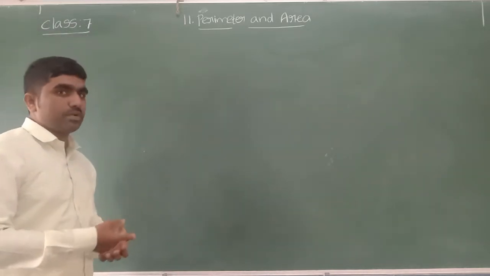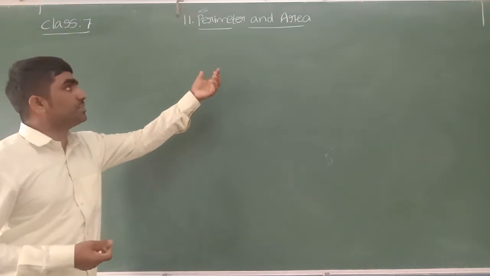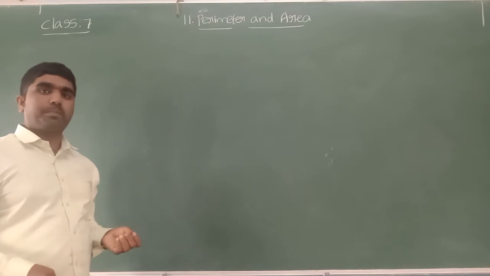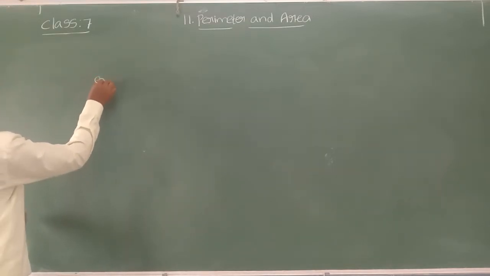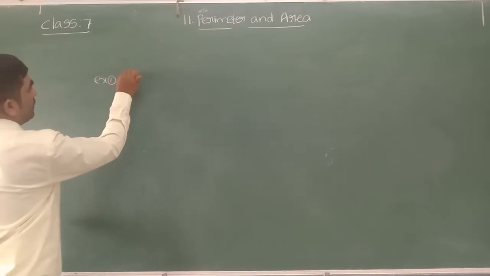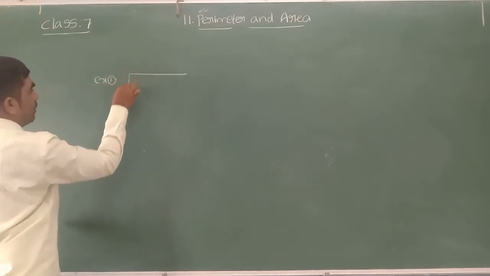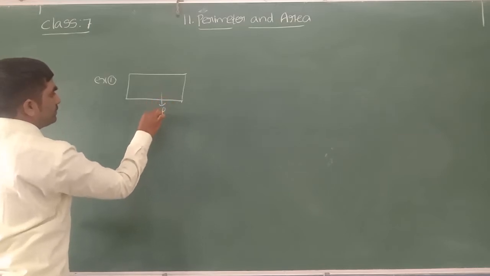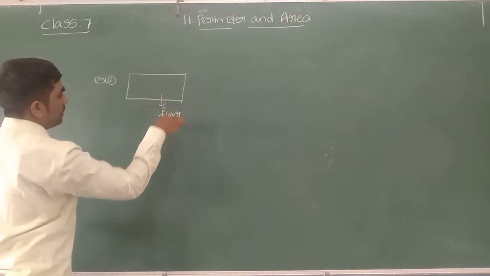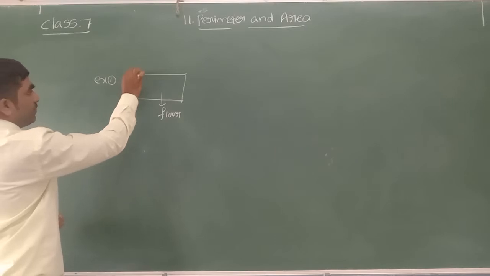Children, before going to problem solving, let us see the concept of what is meant by area and perimeter. Let me take one example here. Suppose I have one rectangular floor.